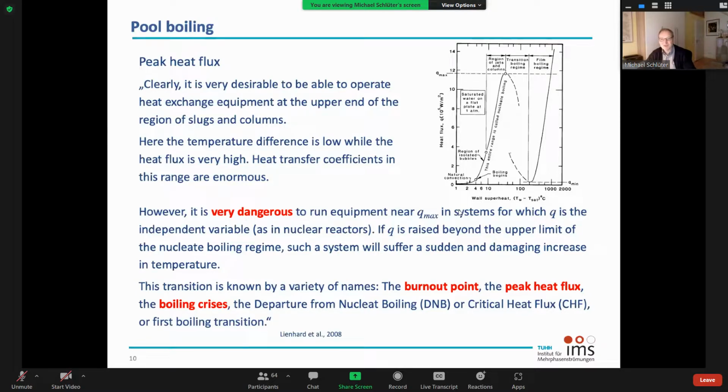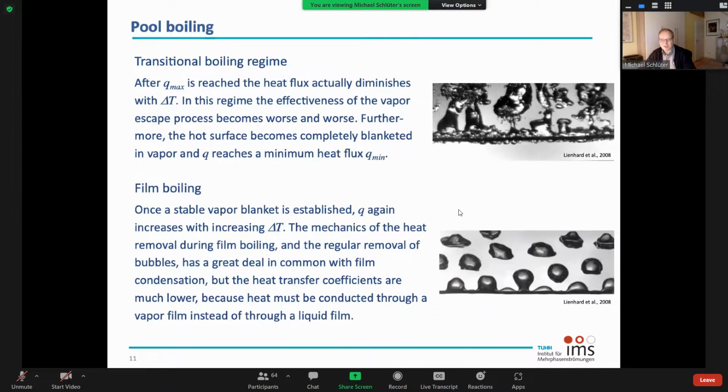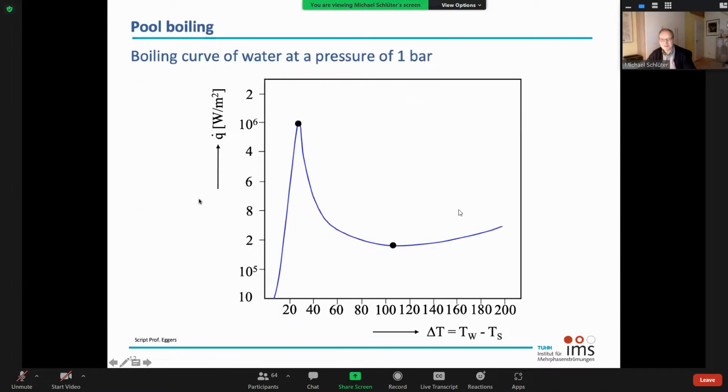So please keep in mind what can happen if you try to enhance the heat flux too much by using evaporation processes. So here once again, we have the transitional regime and the film boiling regime, but I have now explained all these different situations.